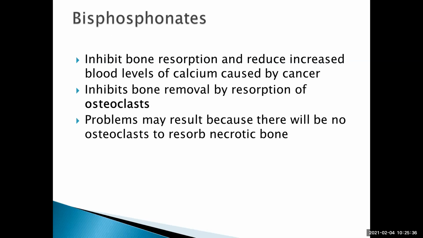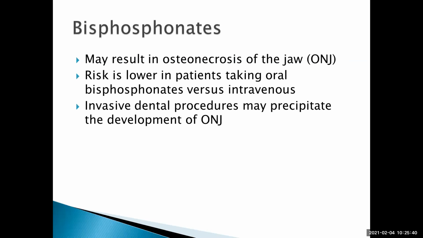It just stays there. So there's something called BONJ, okay? It's bisphosphonate osteonecrosis of the jaw. Its risk is lower in patients taking the oral bisphosphonates versus the IV bisphosphonates.